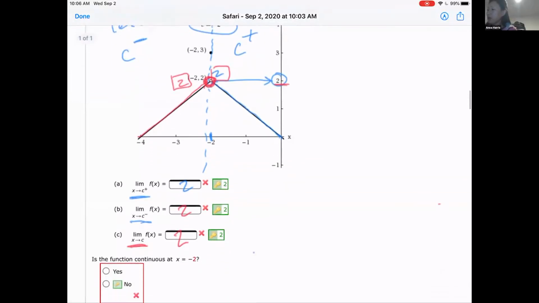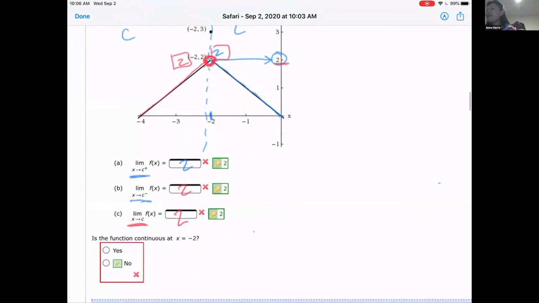Is the function continuous at x equal to -2? No, because why? It's an open circle, right? So I don't have a y value. If I ask you what is f of -2, you're gonna say what? Does not exist.